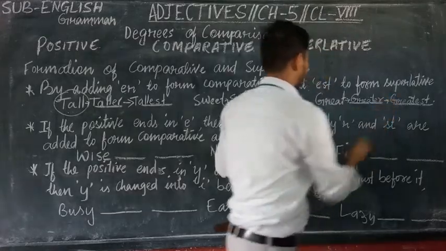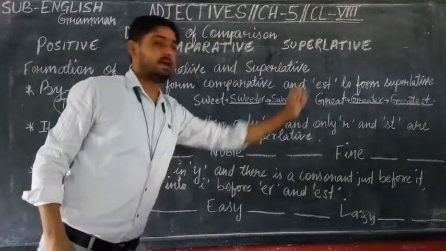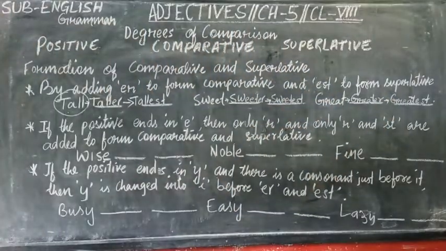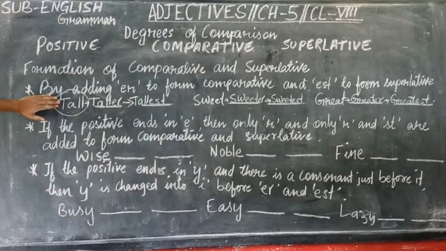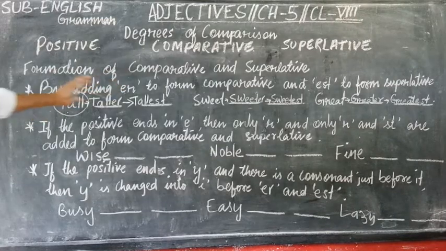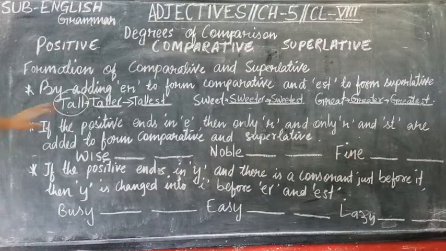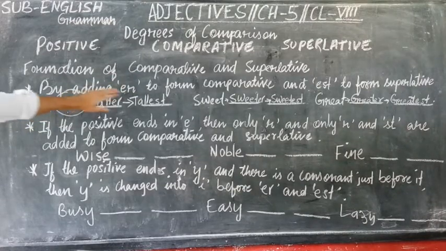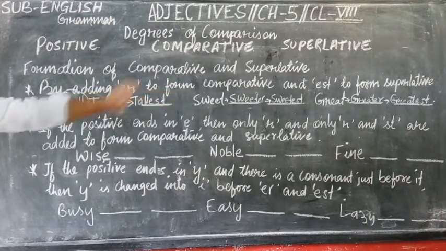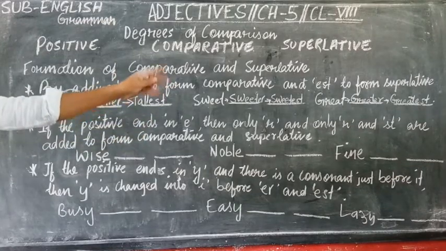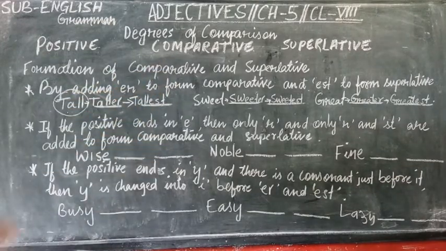Great, greater, greatest. This is one rule that we can form the comparative and superlative degree. First is what? By adding er to form the comparative, and by adding est to form the superlative.